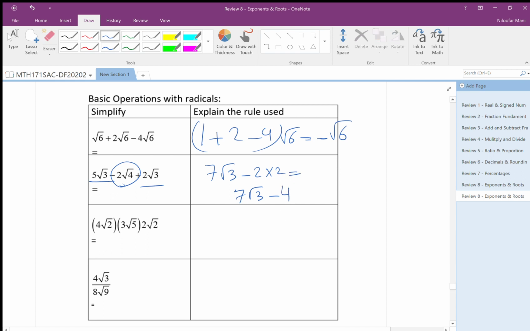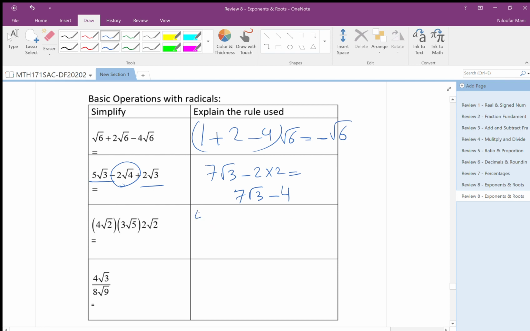Okay, number now. So 4 times 3 times 2 radical 2 times 2 is 4, 4 times 5 is 20. Okay, and then we can simplify after. So for example, I can say here 4 times 3, so it's 12.